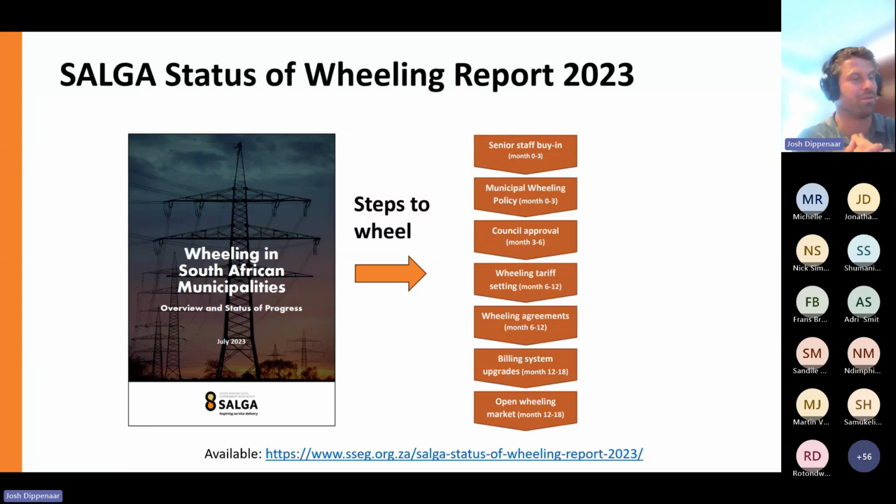But Frans, you'll give us an update at some point. I think you've been progressing really well and showing us that it is possible. I think you've also gone for an Excel approach on the billing system. So you'll motivate us that we can do this. But yeah, so that's the steps to implement wheeling from that SALGA status of wheeling report.